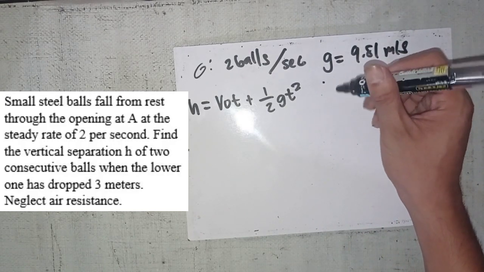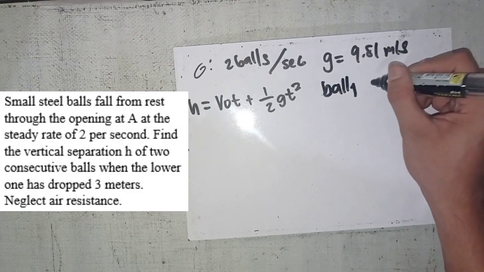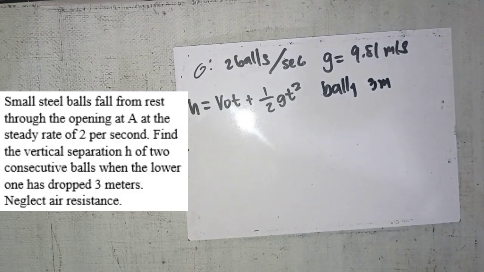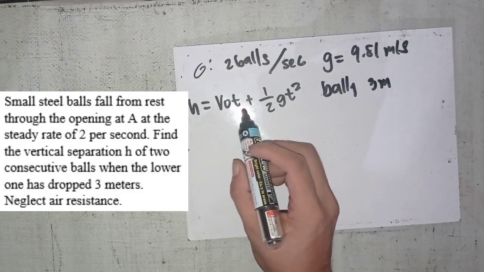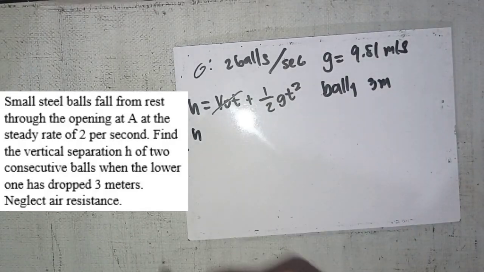From ball 1 to ball 2 is 3 meters height. So we know that they started with initial velocity 0, so this will be cancelled out. So first we need to find the height of the first ball.